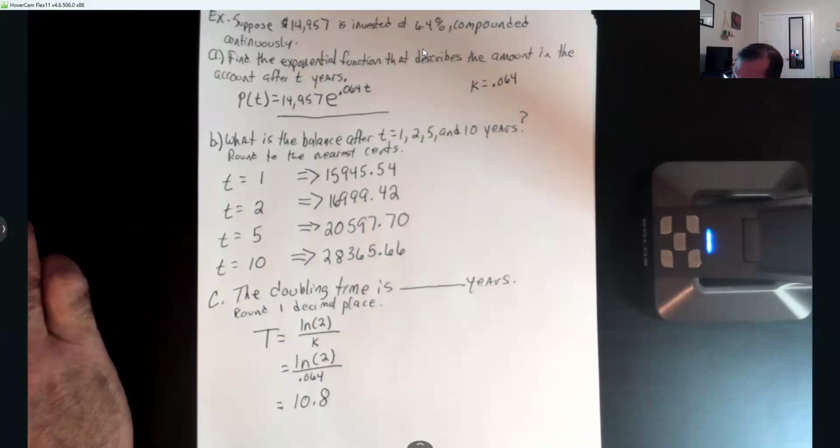It says B equals, so B must be the number of books. So the books is equal to 3,700 e to the 0.02 t. So it's increasing exponentially. My growth rate is the 0.02, and then t is the number of years. And then it says where t is measured in years.